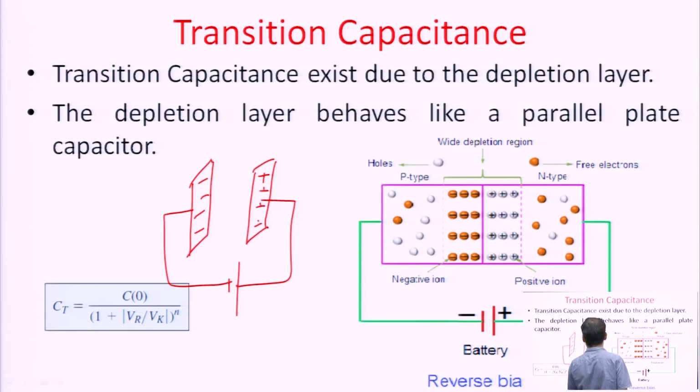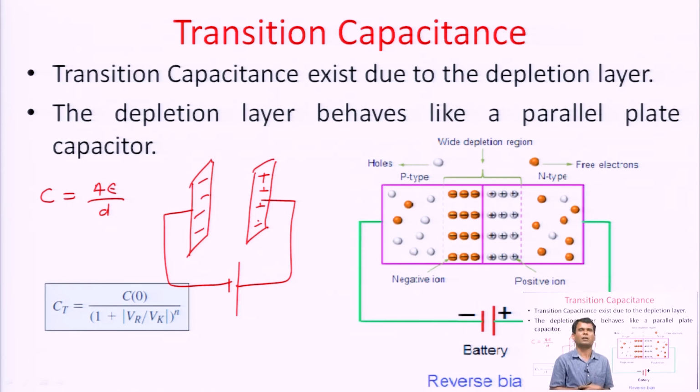This will behave like a parallel plate capacitor, and all of us know that the parallel plate capacitor is given by A epsilon by D, where A is the area of cross section, epsilon is the permittivity, and D is the distance between the plates. So, this is the parallel plate capacitor analogy.